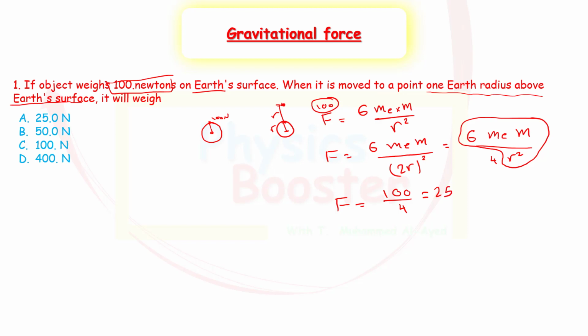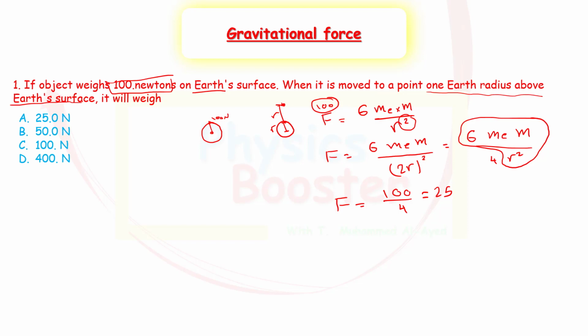Now, to make things simpler, if we double the distance between the two objects, we reduce the force by 4. And if we decrease the distance between two objects, for example by half, we will make the force 4 times larger, because here the radius is squared.